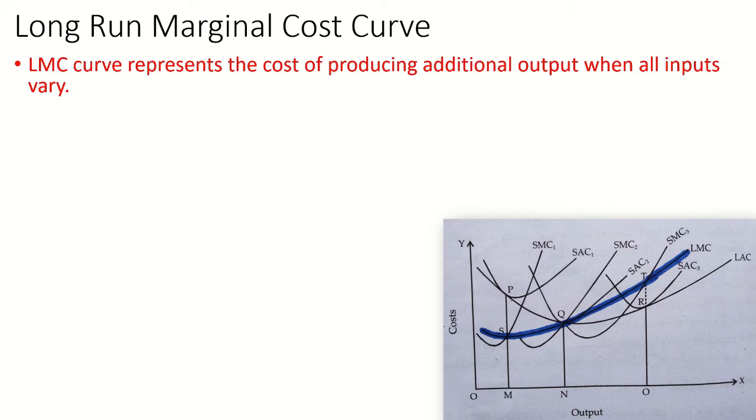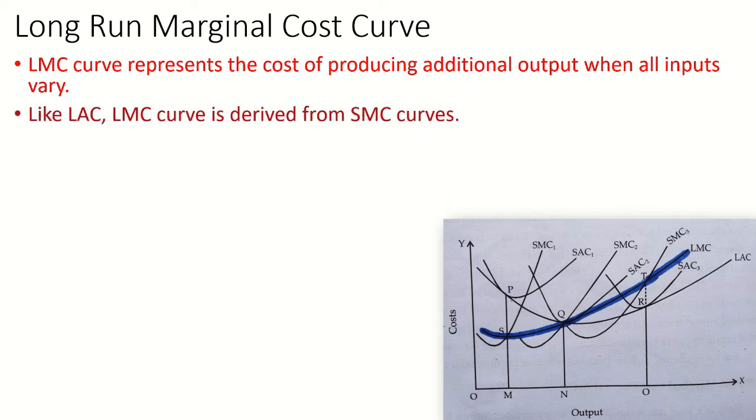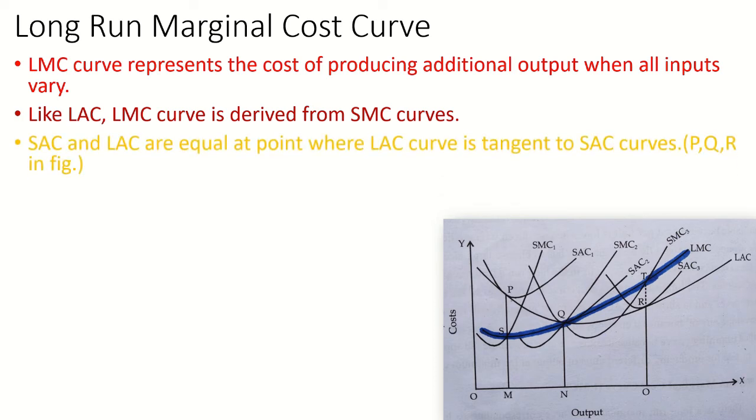It is the cost of producing an additional output when all the inputs are variable. Like the long-run average cost curve, LMC is also derived from the various short-run marginal cost curves. It is also the summation of various SMC curves.